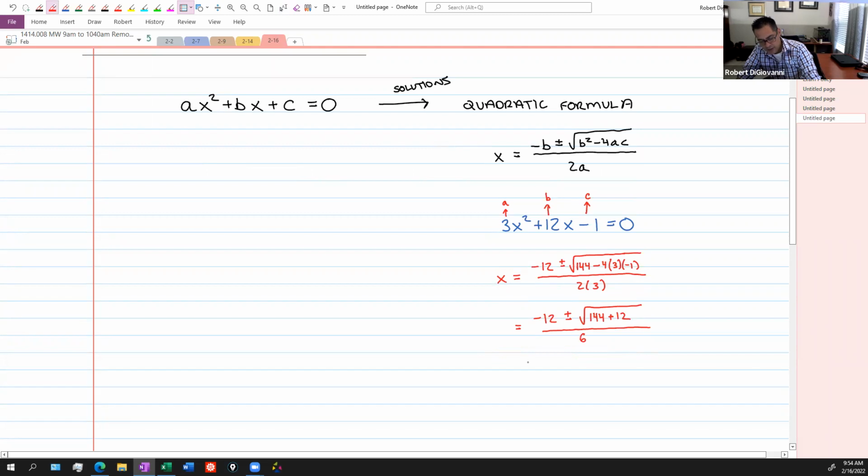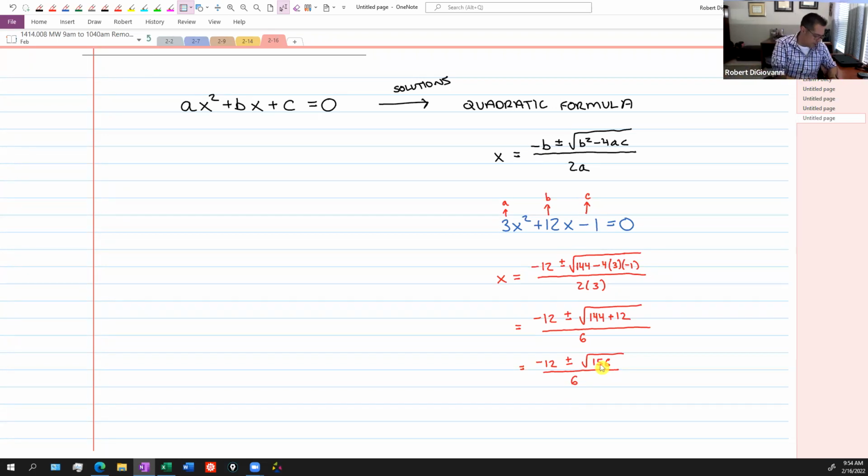And that's over 6, so this gives us negative 12 plus or minus the square root of 144 plus 12, which is what, 156, I believe? Over 6. And I believe we can break down 156. Let me get my calculator.